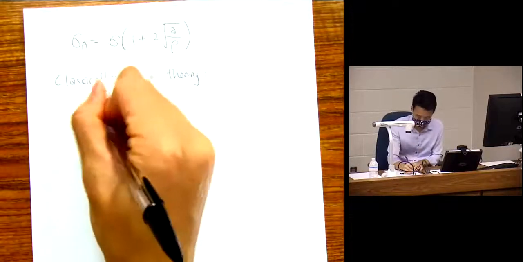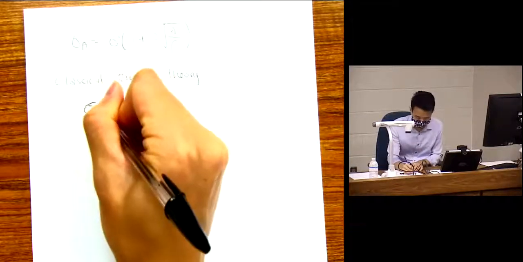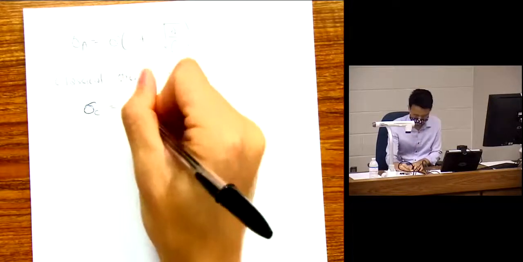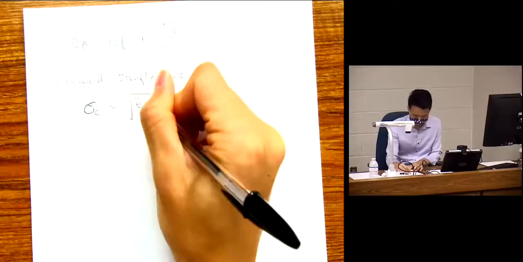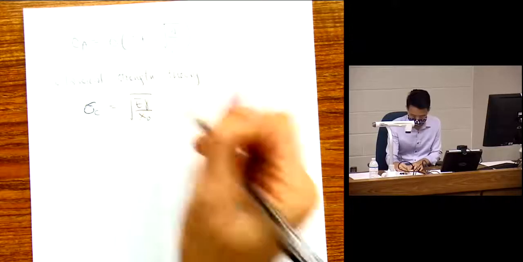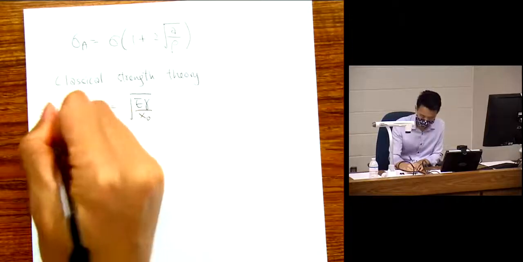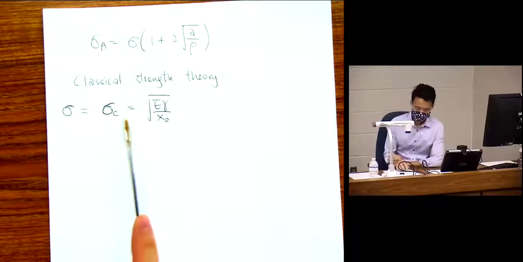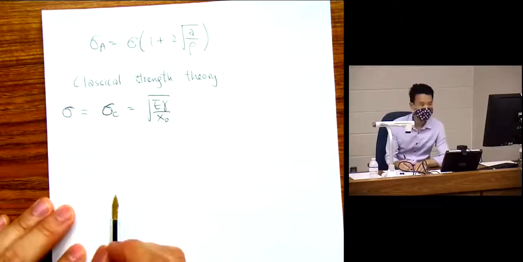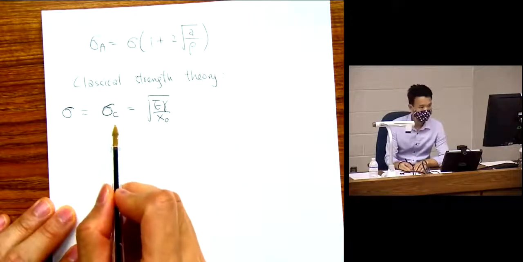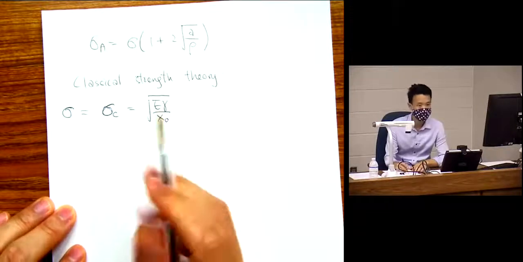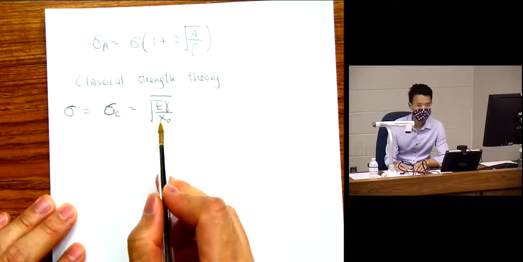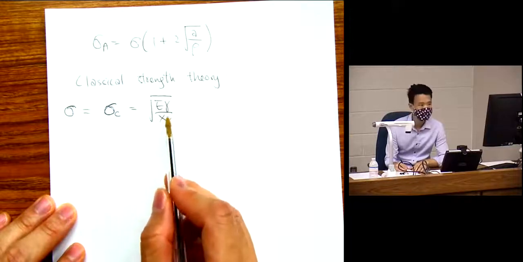I think I used sigma c. So this is what classical string theory assumes, because we know the cohesive stress calculated from atomic calculation is related to the elastic modulus, the equilibrium distance, and the surface energy.